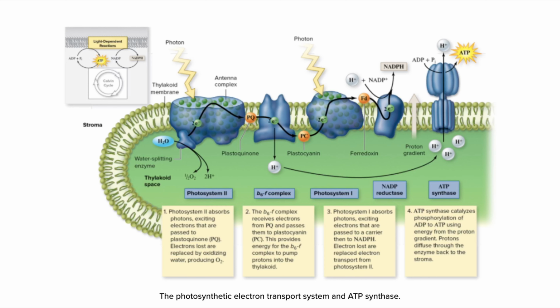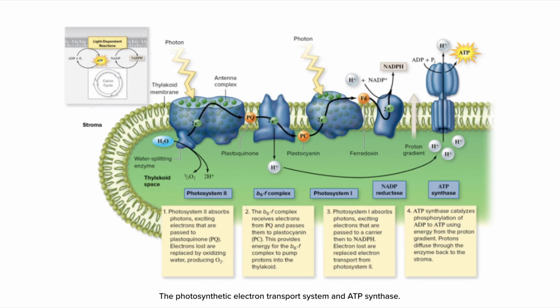And then the B6F complex is what is absorbing that electron from PQ, and it's passing it to PC. But that B6F complex is the primary electron acceptor for that light energized electron.